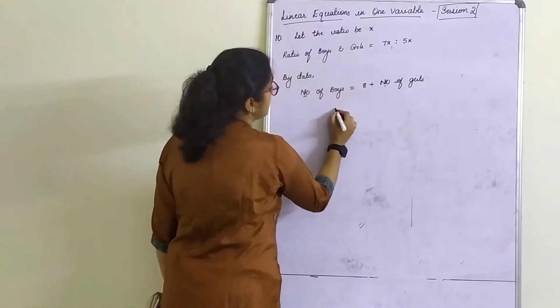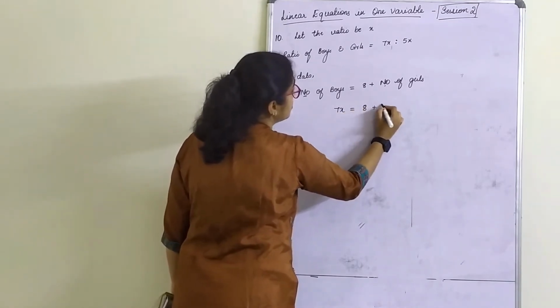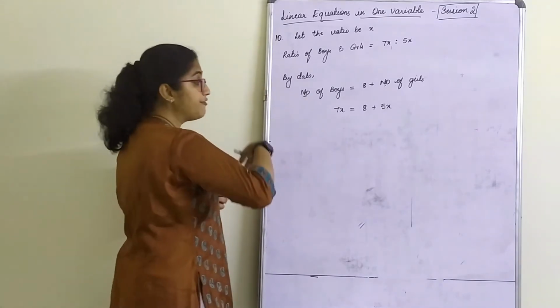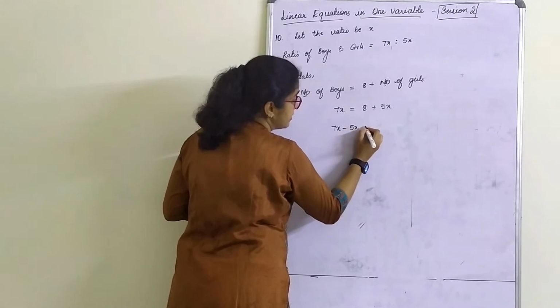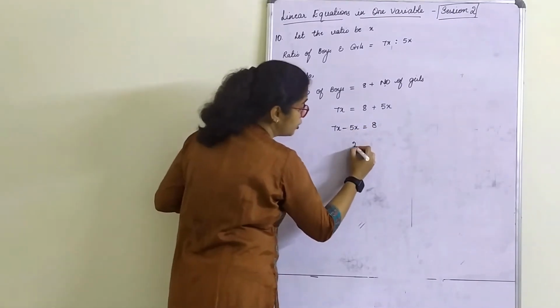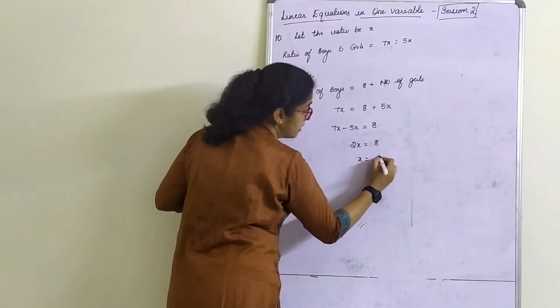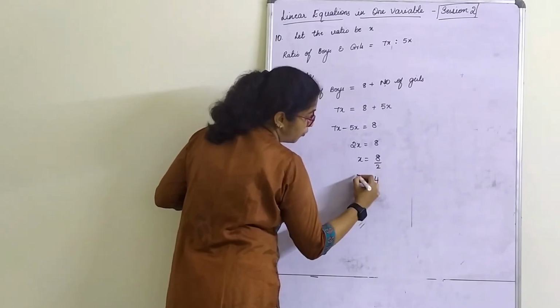Boys is nothing but 7x, is 8 more than the number of girls. So we bring 5x to the left of the sign. 7x minus 5x is equal to 8. 7 minus 5, 2x. 2x is equal to 8. So x is equal to 8 by 2. x is equal to 4.